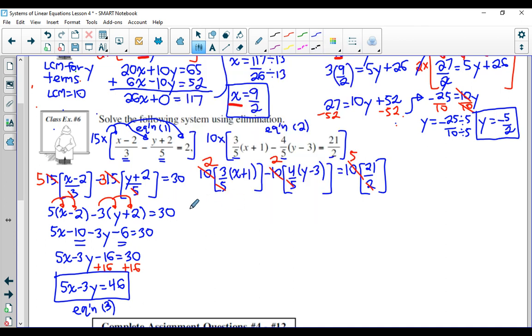Okay, so let's rewrite this out. This would then be, we'd have a 2, and then 3, x plus 1, minus 2, and then 4, y minus 3. And then this would be 5 times 21.